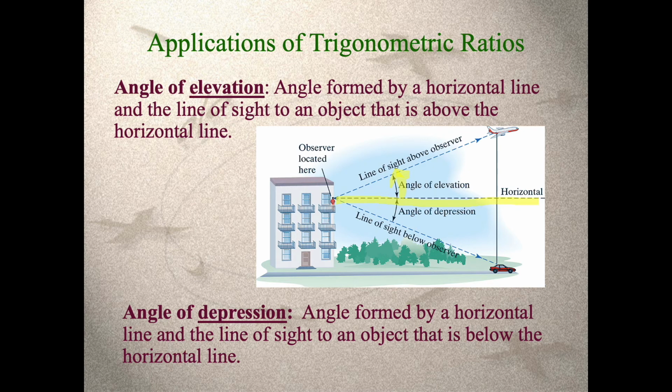But then if you're looking down at something, like maybe you're looking at that car down there, then the angle created below that horizontal line is that angle of depression. So depending on where the line of sight is, you're going to look for either that angle of elevation or angle of depression.